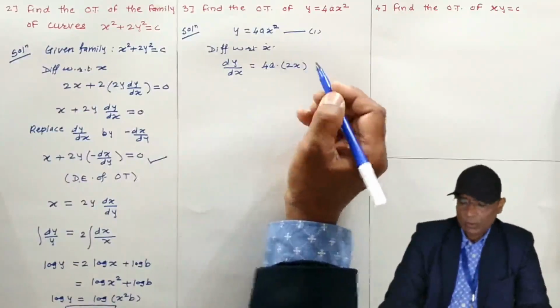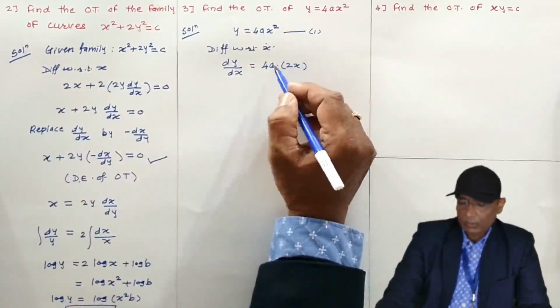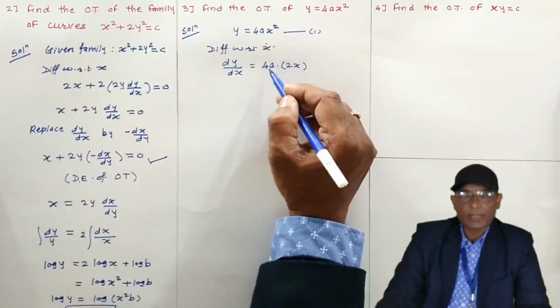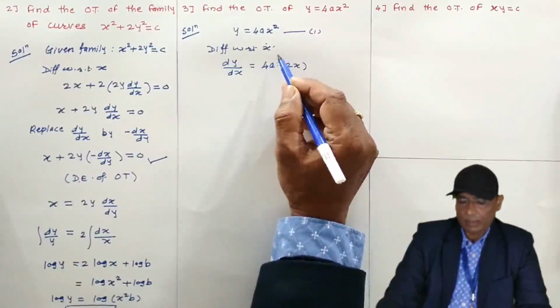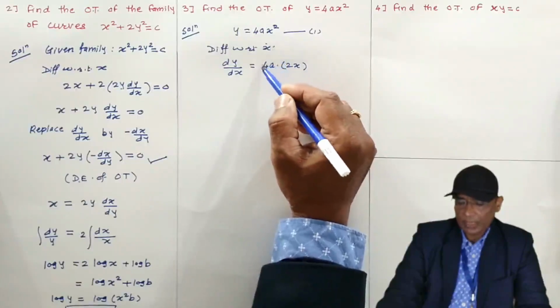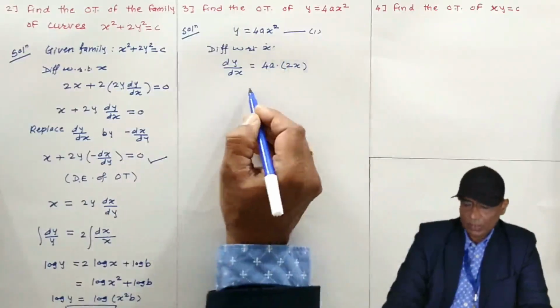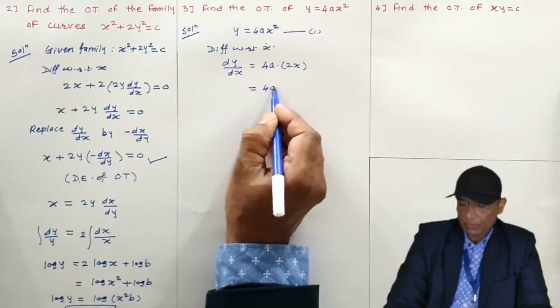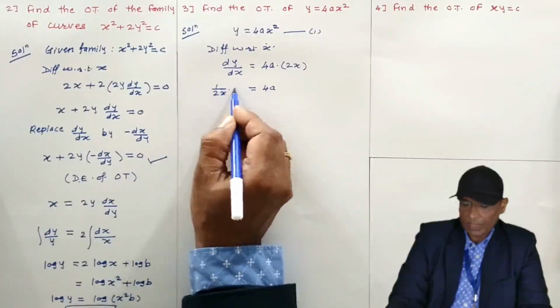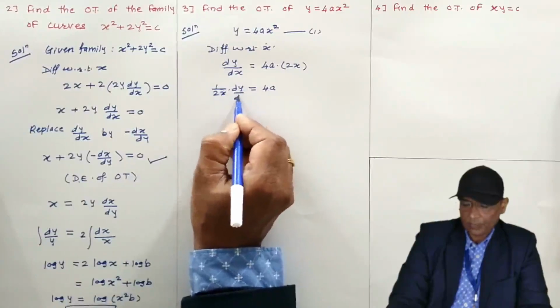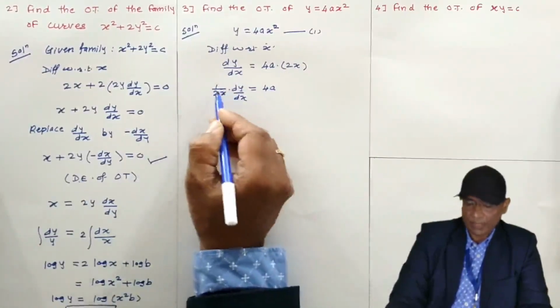Now, after taking the derivative, a has not been removed, so we have to remove a. Instead of removing a, I am just removing 4a. See, 4a is equal to 1 by 2x dy by dx. Is it? This 2x I have shifted here.